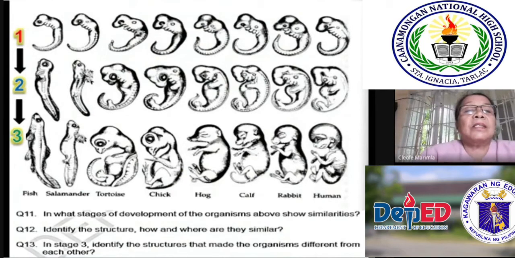Let us analyze the direction and the different stages of development of the organisms. I know that you have analyzed very well, and now you are ready to answer the questions. Question number 1.